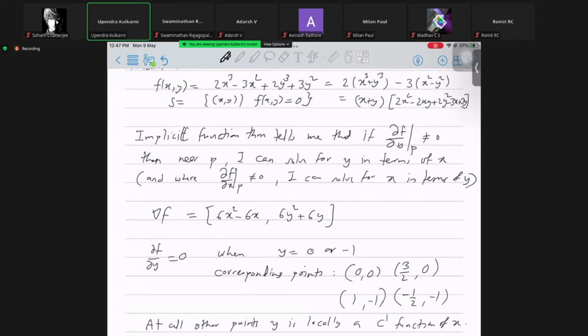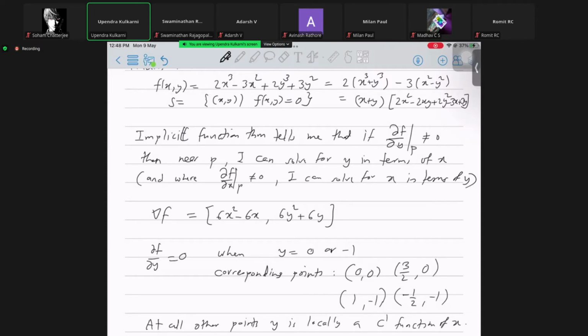If I have a cross, then near that point, if I give you the value of one variable, I cannot find the value of the other variable because there are two different values, right? There are two different branches of this. So there it is not going to work. And at two other points also, it is not going to work.